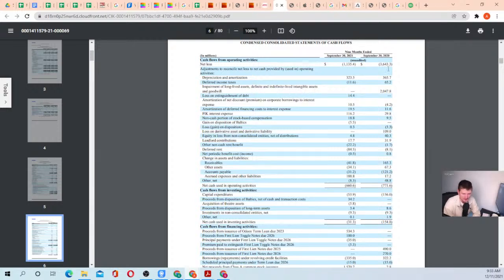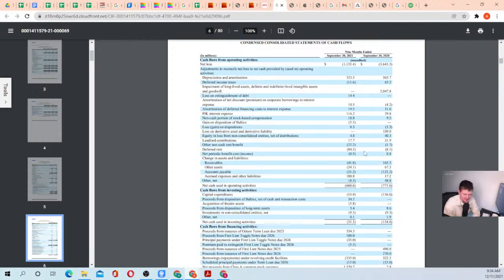And we reviewed an example of AMC where they had a net loss of 3.6 billion. That's for 9 months 2020, but their actual operating cash outflow was like 800 million.